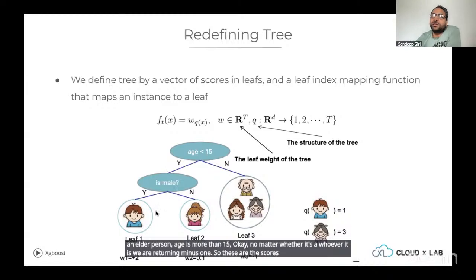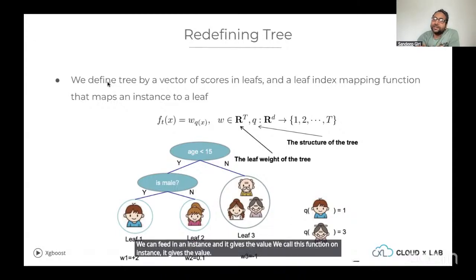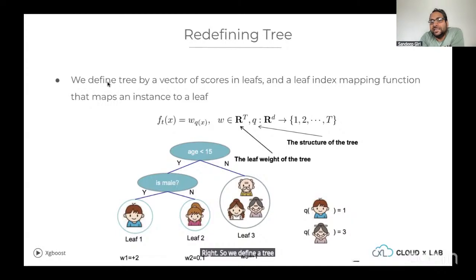So when we have the tree prepared, we can feed in an instance and it gives the value. So we define a tree by a list of scores in the leaves, the leaves are the outcome in our tree, and a leaf index mapping function that maps an instance to the leaf. So a tree would return the weights in the leaf at the end of the day.